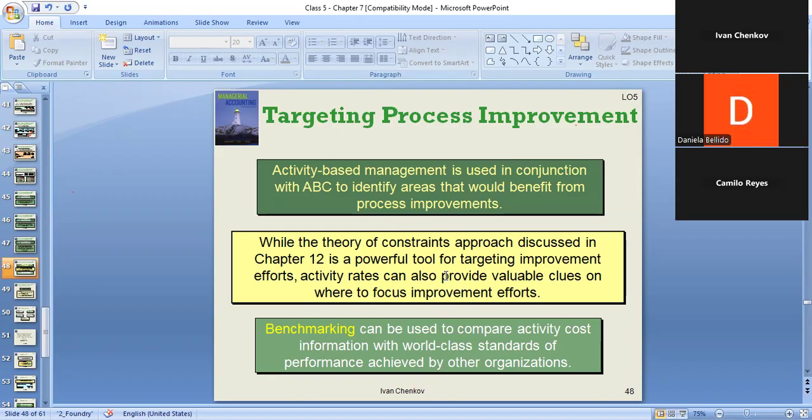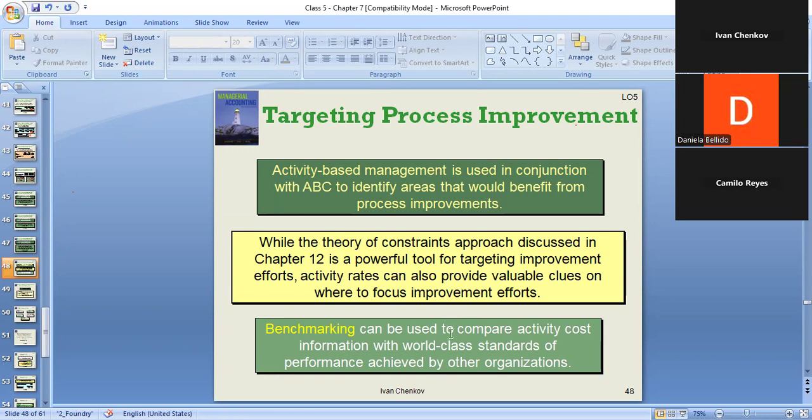Which activity is going to improve our performance in the future or increase our profit, and which activities are non-value activities, which means they only consume and eat from our profit. Those are the things that we have to figure out.